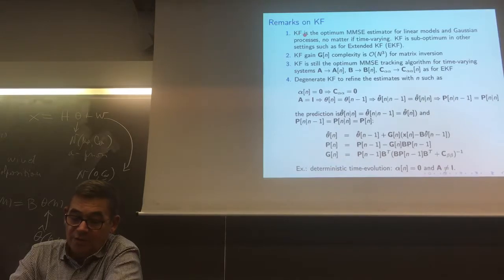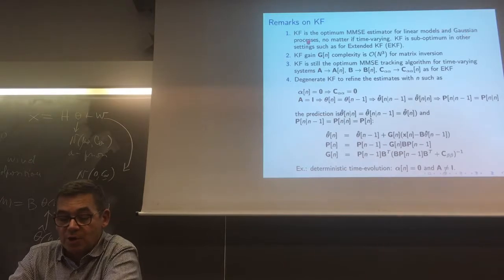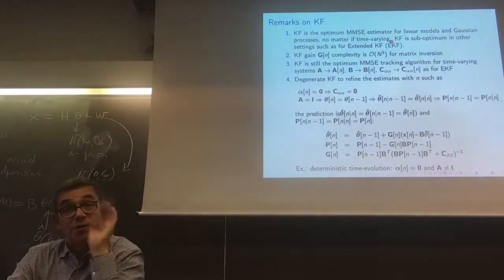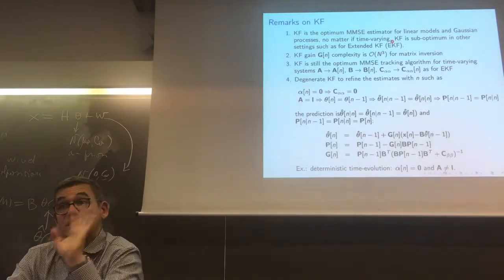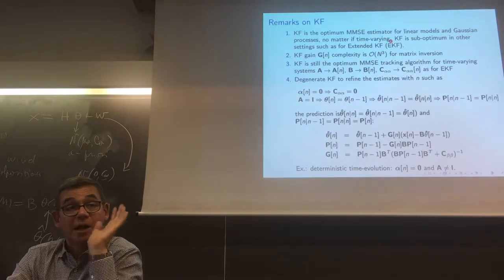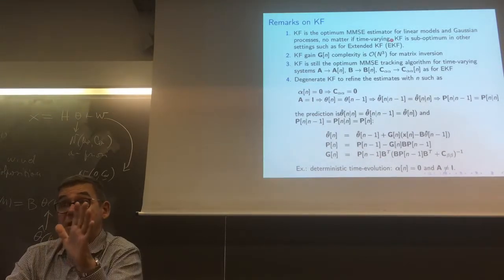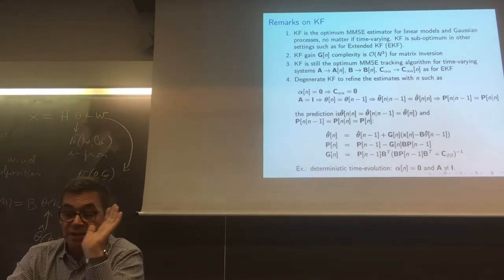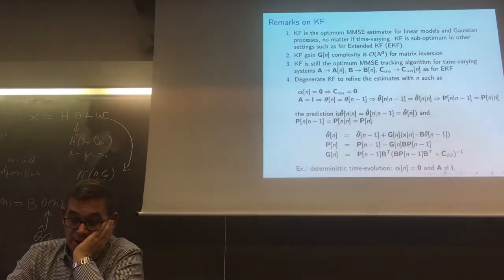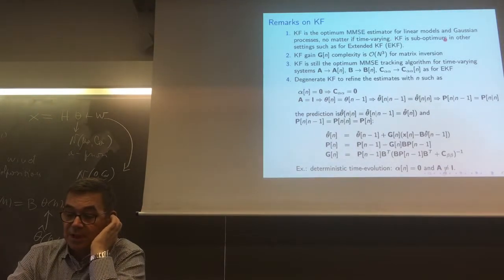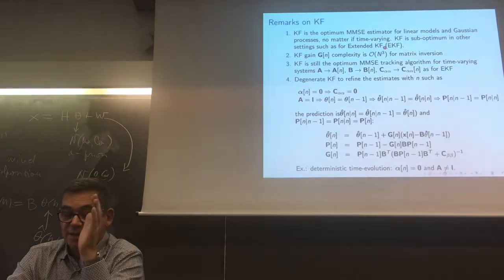First of all, the Kalman filter is the optimal MMC estimator for a linear model and Gaussian process, no matter if time varying. So it's the best you can do. When it is linear, that's the best you can do. So the Kalman filter is the best estimator we can ever do if we are in a linear setting. The Kalman filter is suboptimal in other settings, such as the extended Kalman filter.